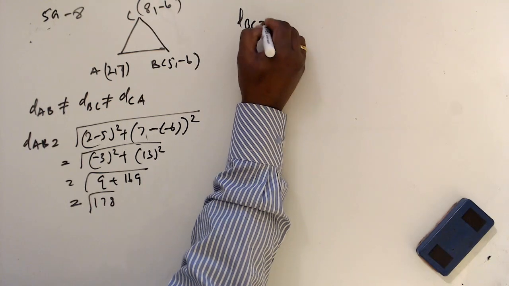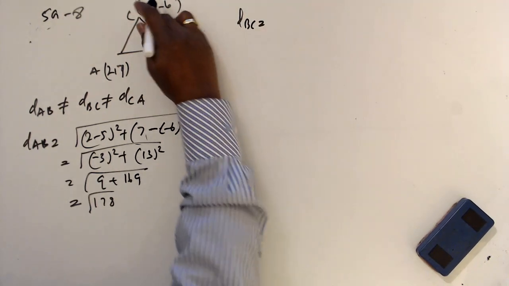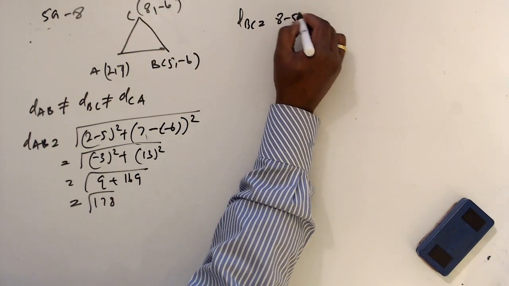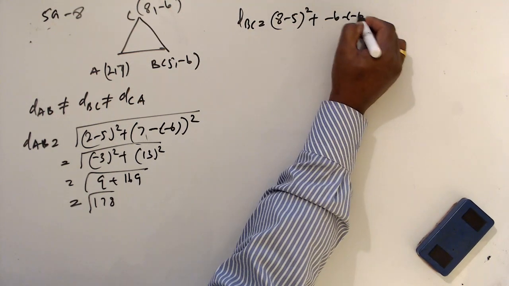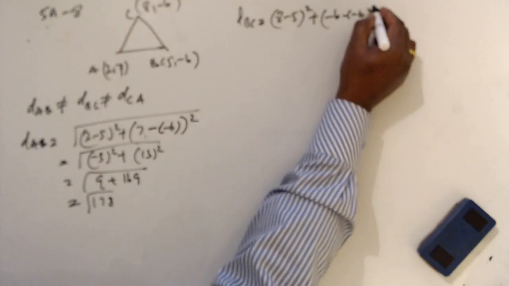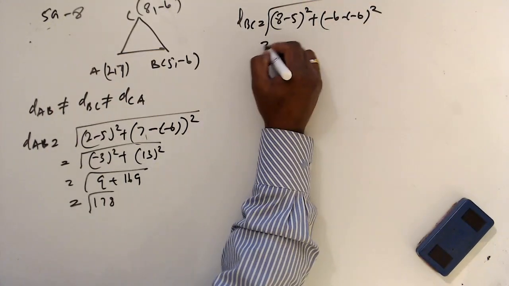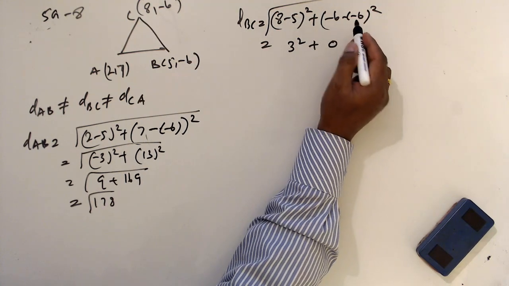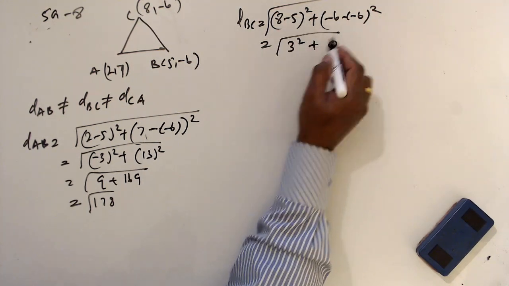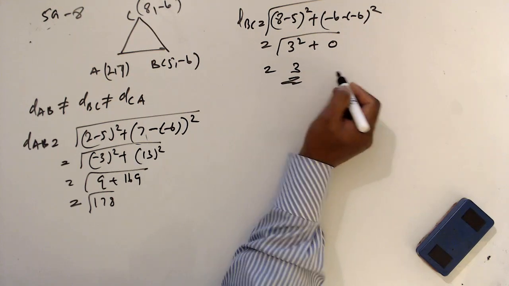Now DBC, meaning BC: 8 minus 5 squared plus 6 minus 6 squared, which is 3 squared plus 0 squared, which is simply 3.